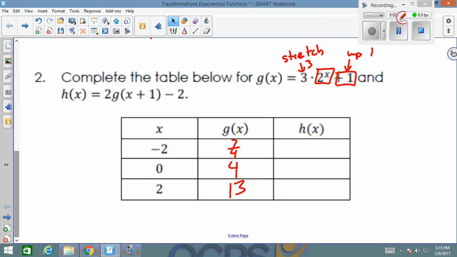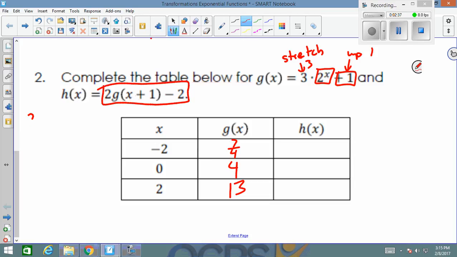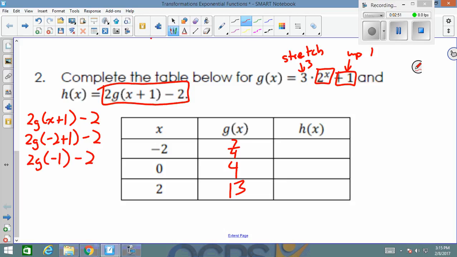Now for the next one, we have to use this function here, and we're going to put -2 in for x. This part means that I have to find what is g at -1.